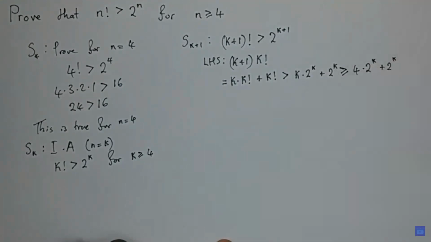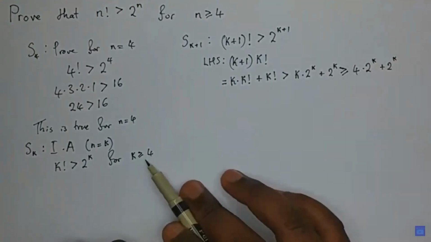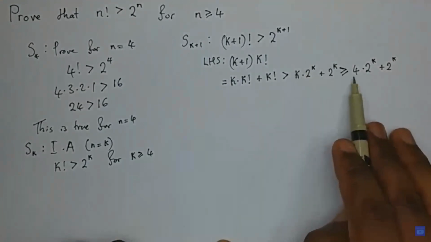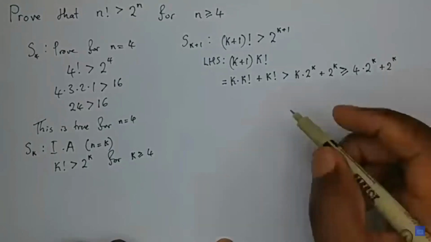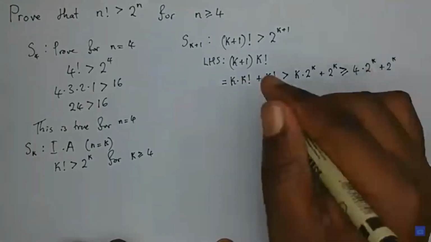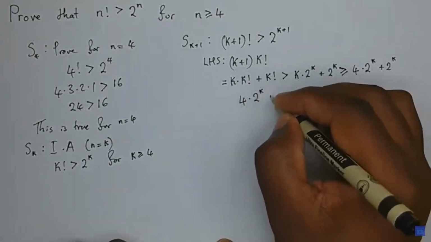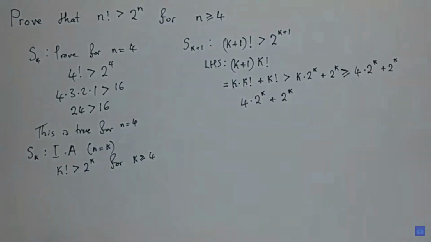So k is greater than or equal to 4, meaning that in whatever expression we have, this k is always greater than or equal to 4. So we are now at this stage, which is 4 multiplied by 2 to the k plus 2 to the k.